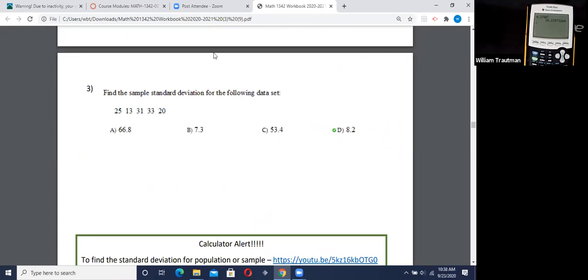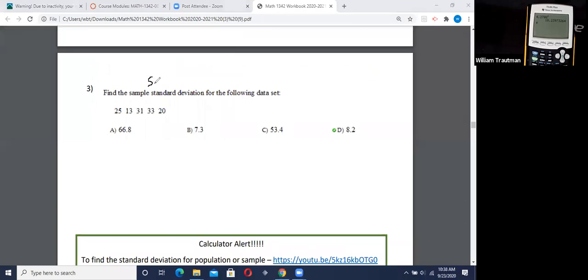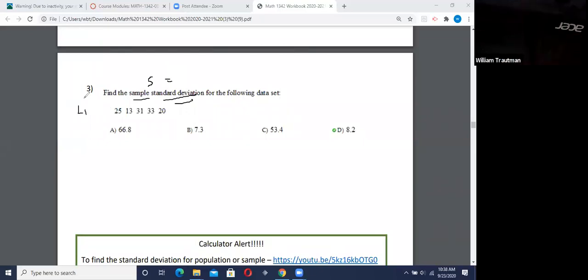Sample standard deviation. The symbol for sample standard deviation is just S. So I'm going to type all this data into L1. Stat, number 1, and I'm going to clear my other lists. 25, 13, 31, 33, and 20.